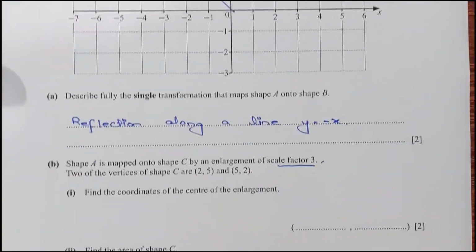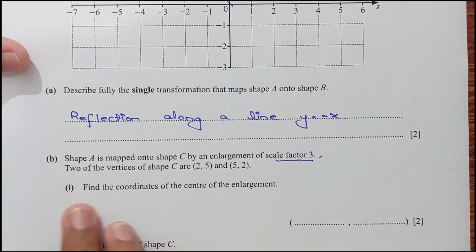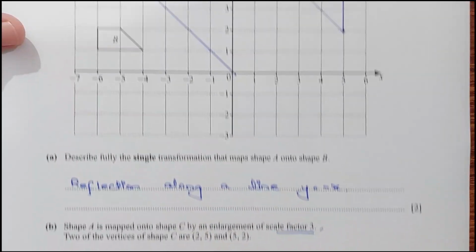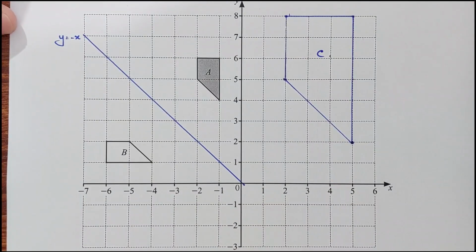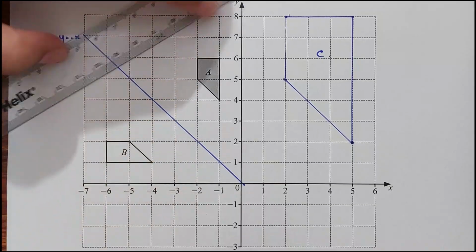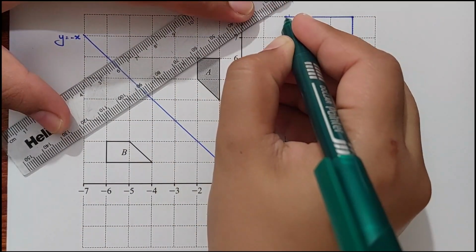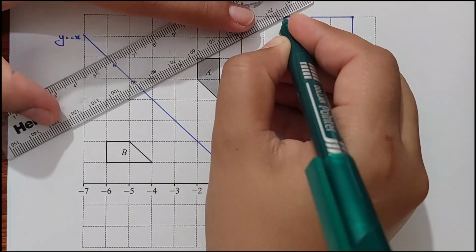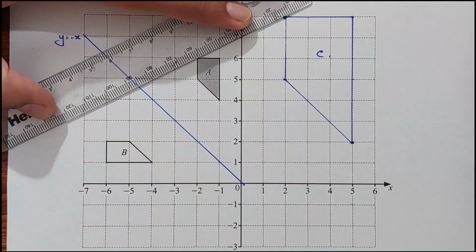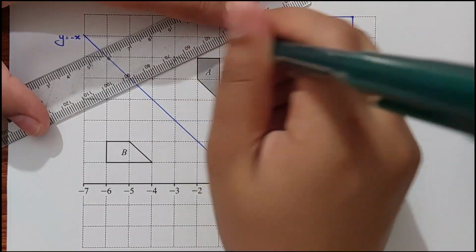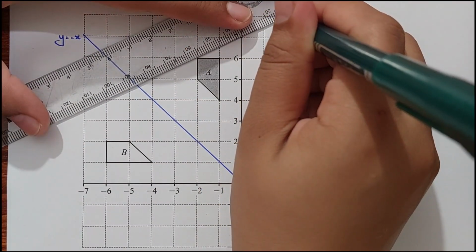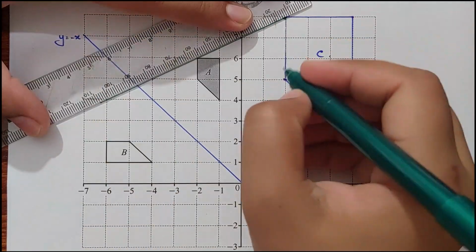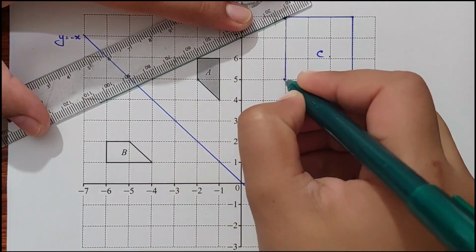Now find the coordinates of the center of enlargement. Since the scale factor is positive 3, the image is on the same side of the center. So for the center of enlargement, let me connect the corresponding coordinates together, this coordinate with this, and these two as well.